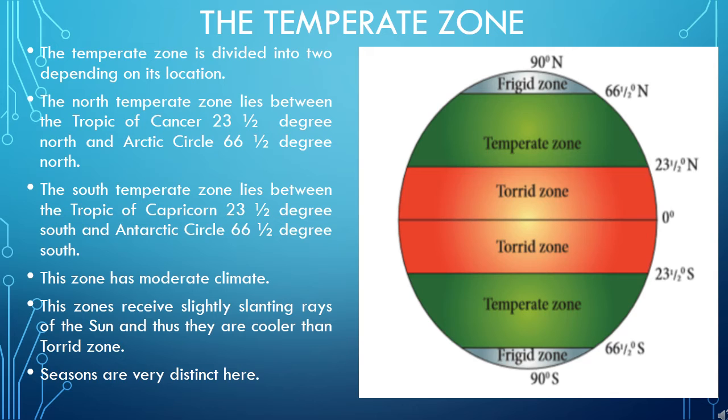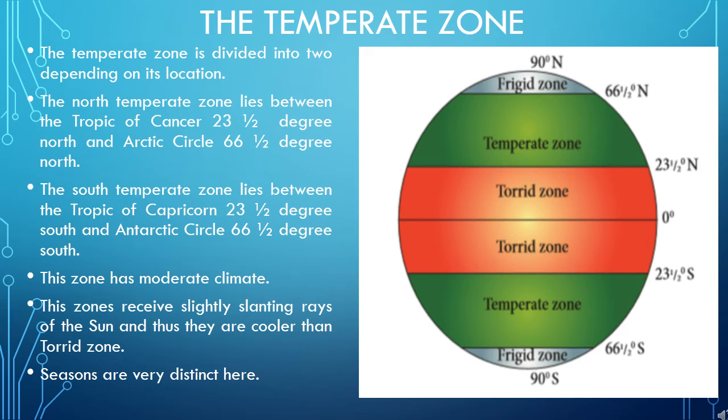While the south temperate zone lies between the Tropic of Capricorn, 23.5 degrees south, till 66.5 degrees south, and that is Antarctic Circle.